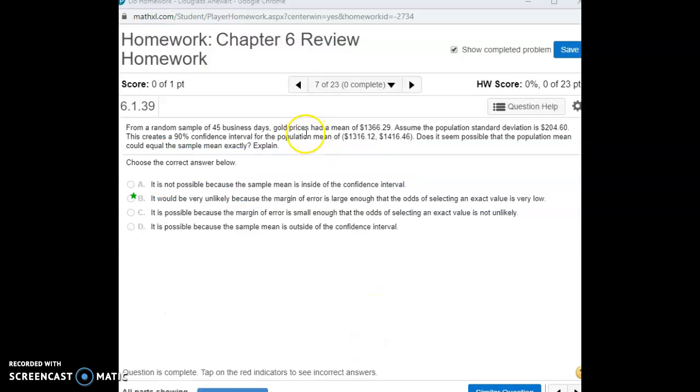For number 7, we're given information about a sample. We have the sample mean, and we're told it creates a confidence interval for the population mean, and that's listed here. The question is, is it possible that the population mean, which we're confident is somewhere in between these numbers, is exactly equal to the sample mean, which is exactly smack dab in the middle of our confidence interval?